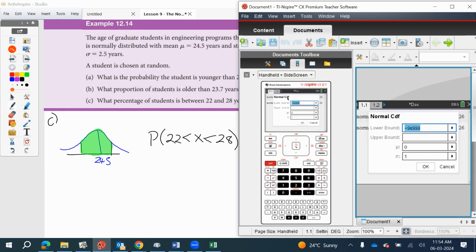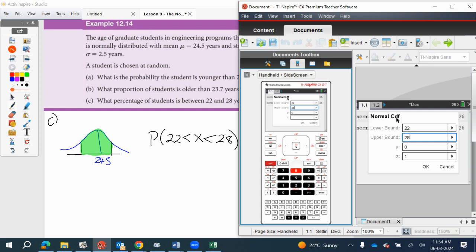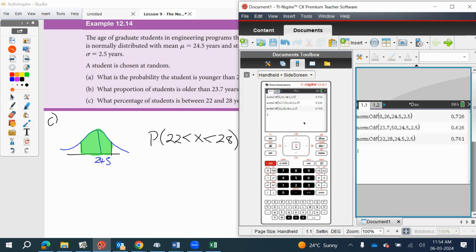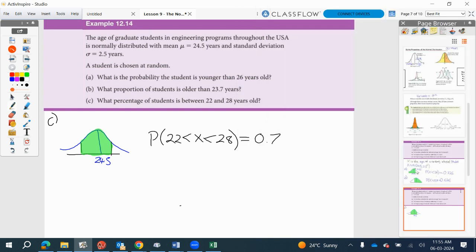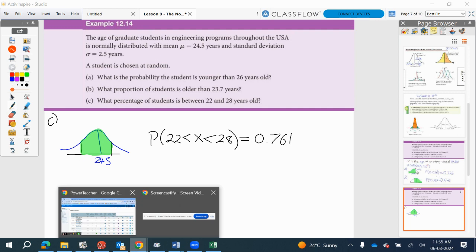What percentage of students are between 20 and 20? They ask for the percentage, so you times by 100. All right, so we should get these values. So, for you, what is the answer? About 67.